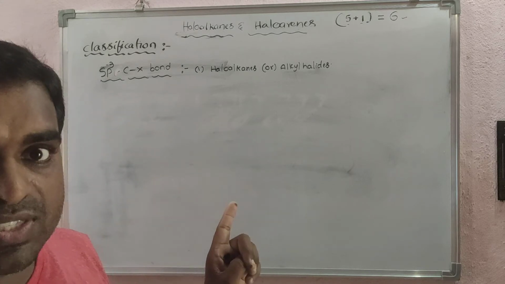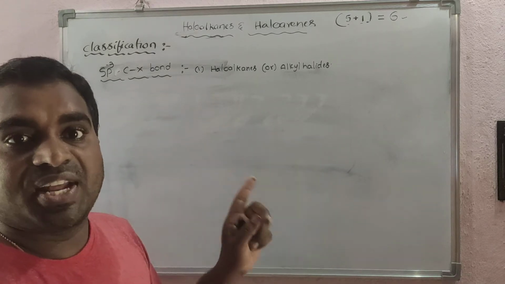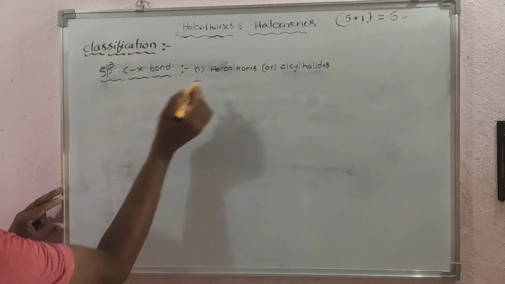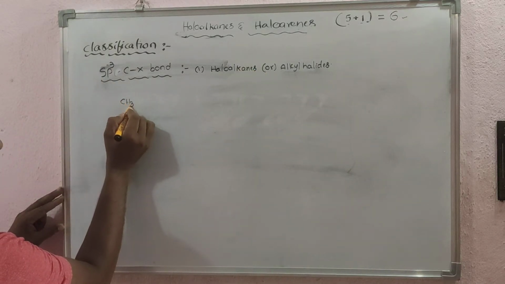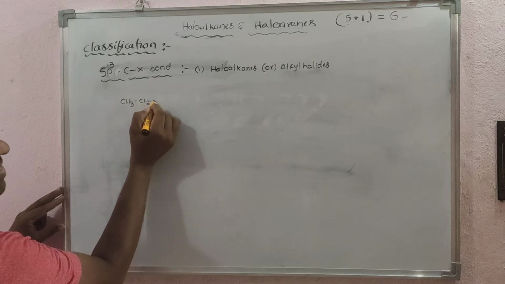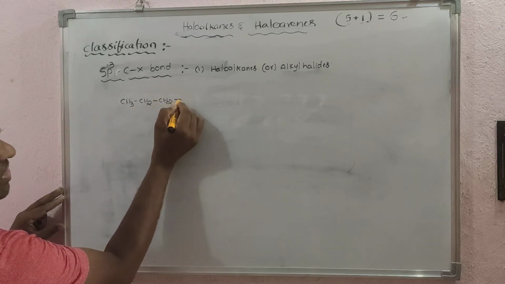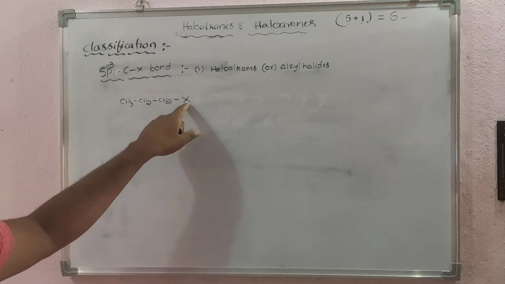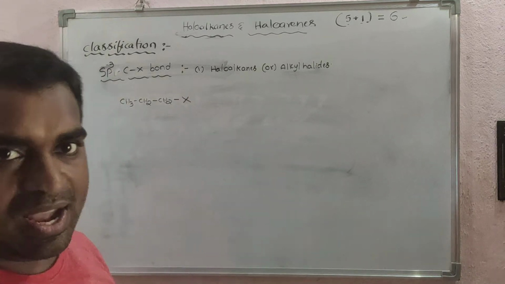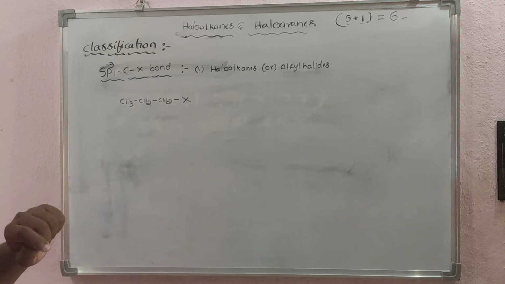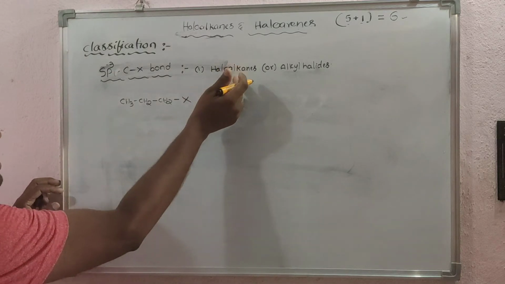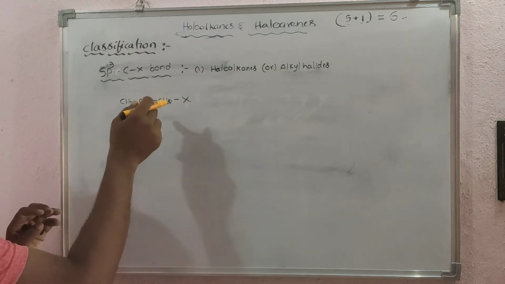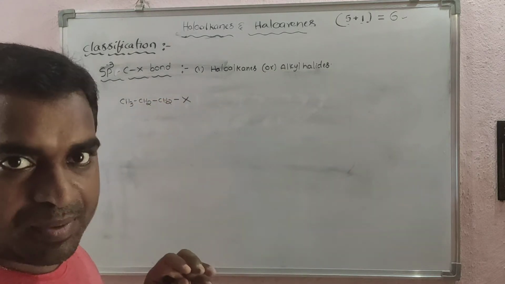Very, very important this is. What is primary, what is secondary, and what is tertiary? Suppose the first one, same example I will take, CH3CH2CH2X. X means what? Halogen. Can be fluorine, chlorine, bromine, and iodine. Clear? You see now, this is haloalkane, or we can call it alkyl halide. But we have to check whether it is primary, secondary, or tertiary.